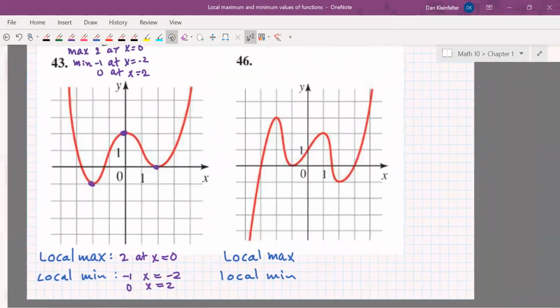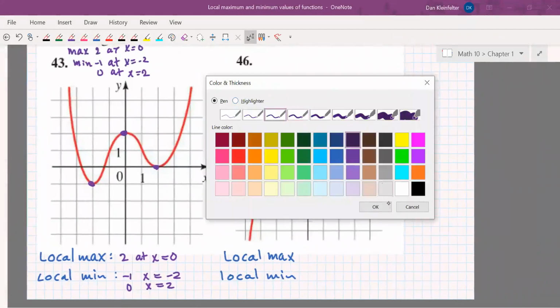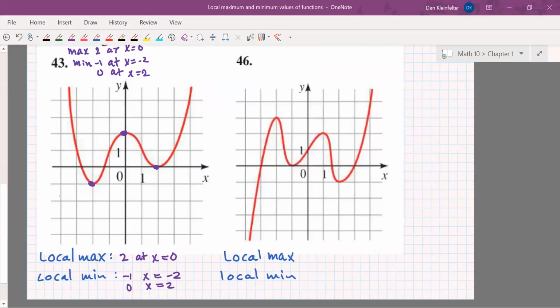So let's get that there next. So where is this thing decreasing? It's decreasing from -infinity to -2. Okay, as we look left to right, as x goes from -infinity to -2, it's coming down. And then it goes up for a while.